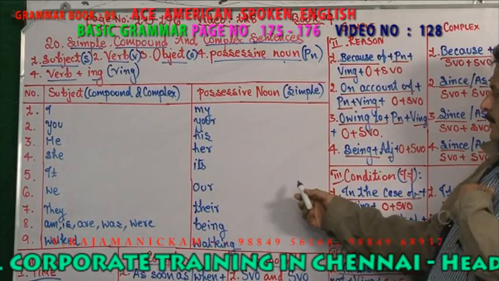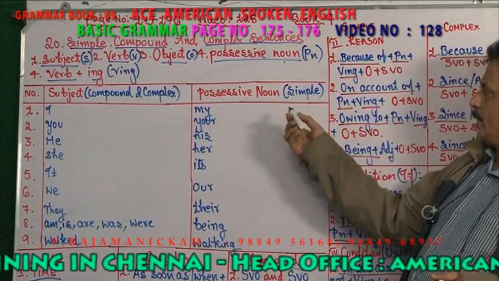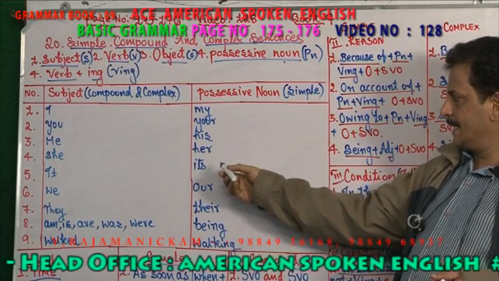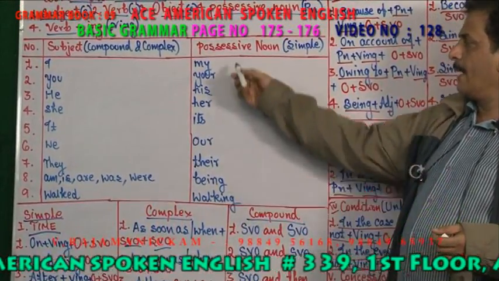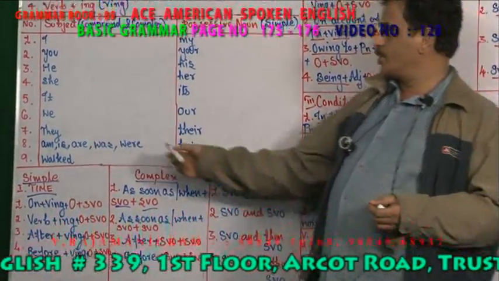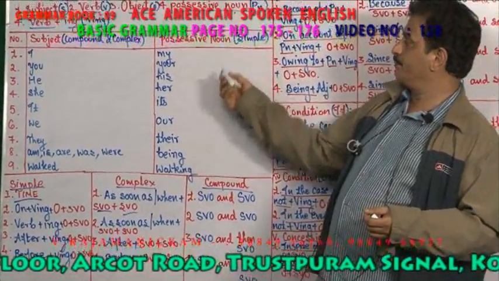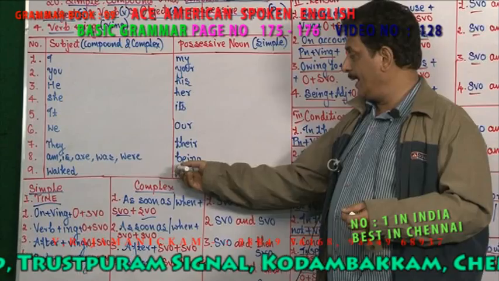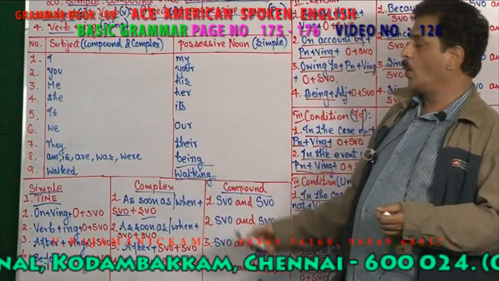Now see here, in simple sentence, we are using possessive nouns: my, your, his, her, their. My country, your country, his country, her country. Instead of am, is, are, was, were, in simple sentences you are using being, and instead of past tense and past participles, you are using walking.